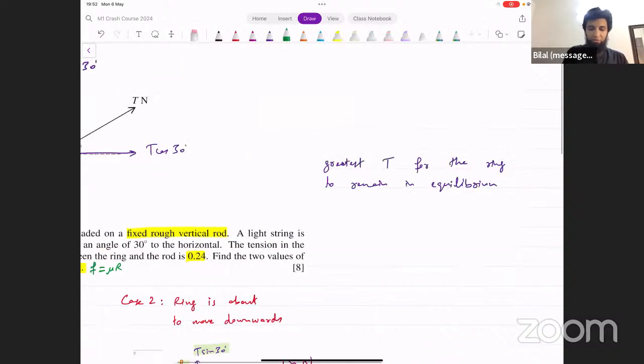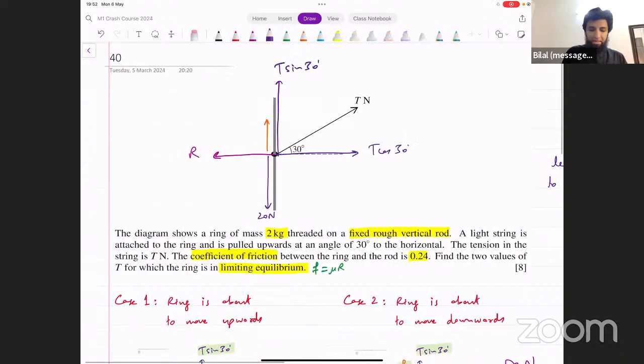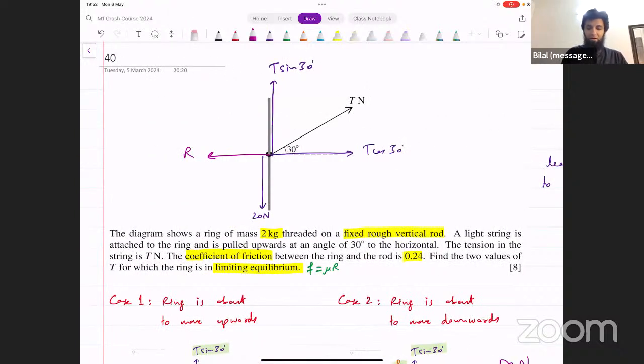Then sometimes they ask you for the least possible value of a force, for instance, least T for the ring to remain in equilibrium. Again, the ring is in equilibrium right now. If this force T was too small, what would happen would be, because of the weight of the ring, it would start sliding downwards, right?